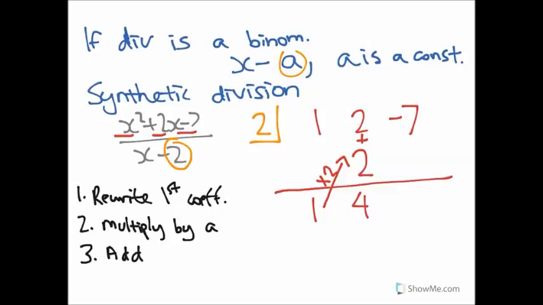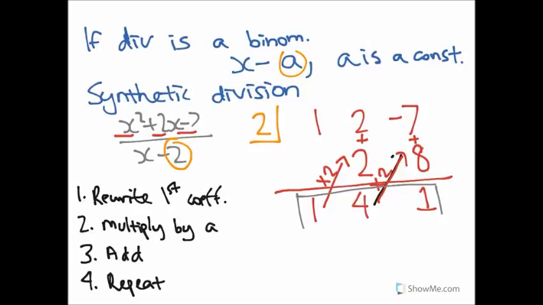I'm going to repeat this until I get to the end. So now I'm going to multiply 4 by 2 again. That'll give me 8. And then I'll add negative 7 and 8 to give me 1. Now, we can look at the numbers down here.